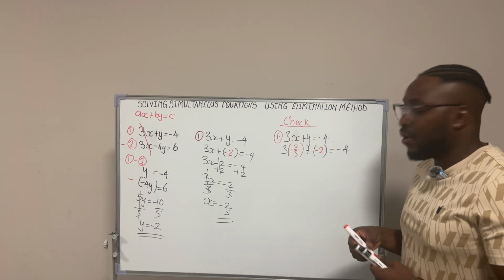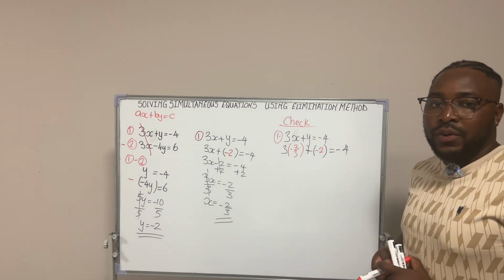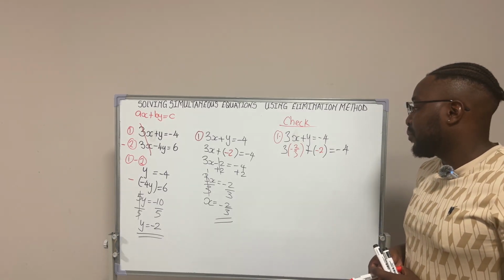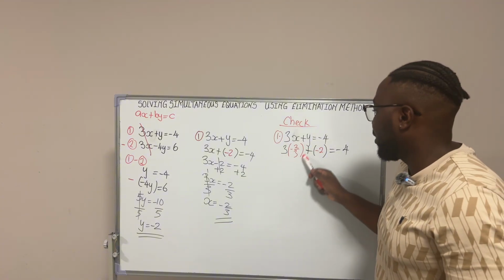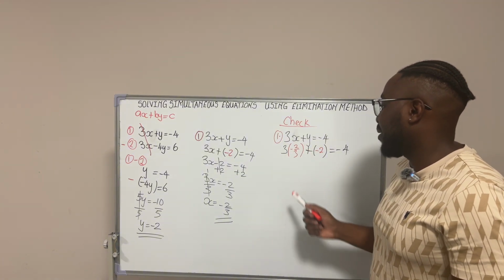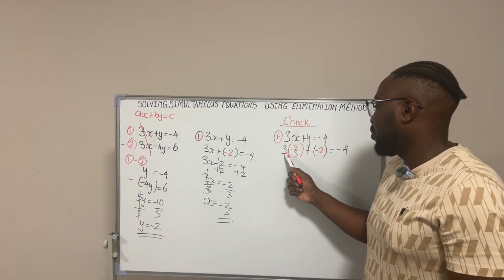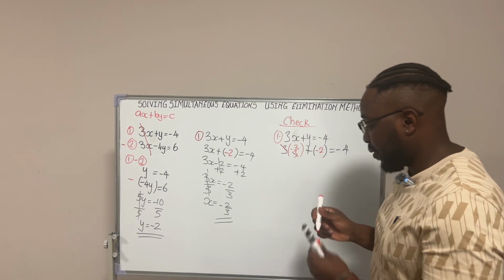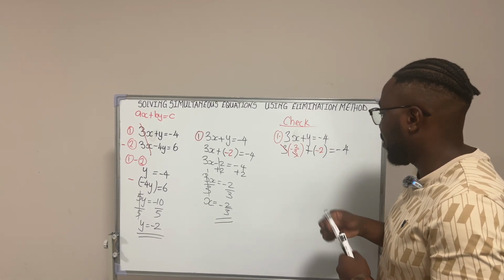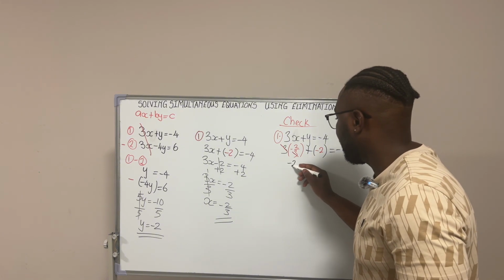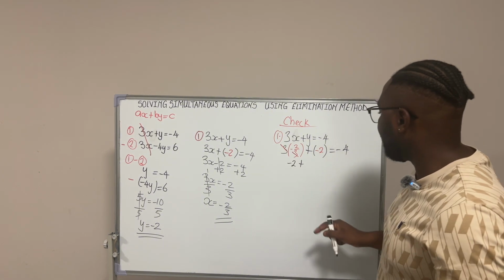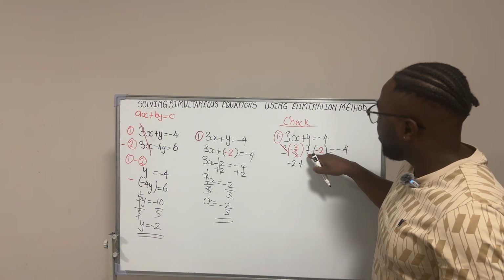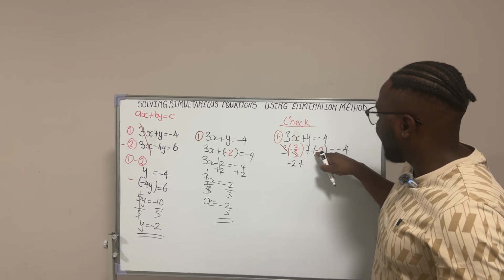What will be our next step? Let us simplify this term right here. Let us multiply 3 to negative 2/3. So these two will cancel out, and we shall remain with negative 2 plus, positive multiplied by negative, what's that?